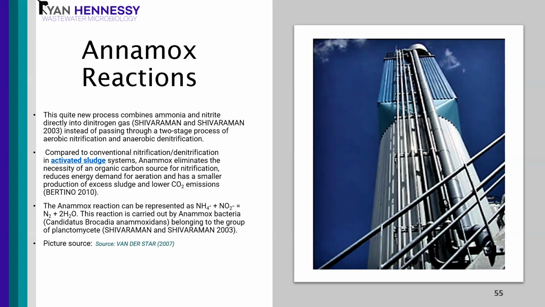Anammox is becoming more common in side stream processes, in which your waste activated sludge is being treated, and you want to decrease that ammonia, but you don't want to have the full alkalinity consumption, DO consumption. So basically you have to prevent that second step of nitrification occurring in those systems.